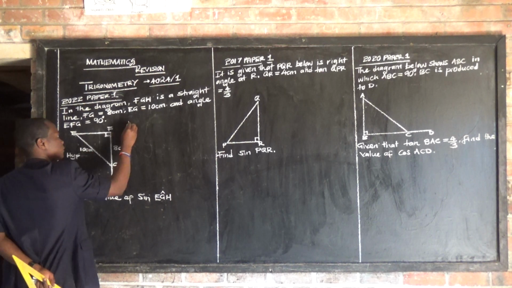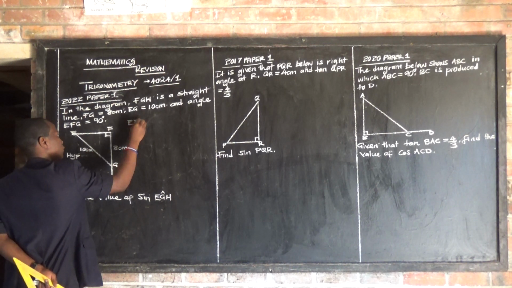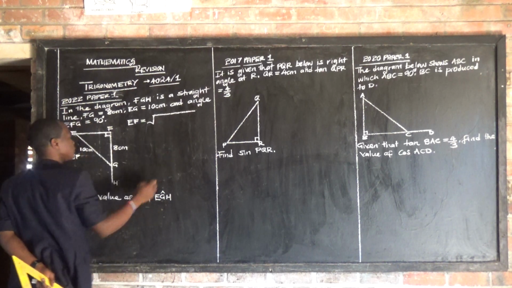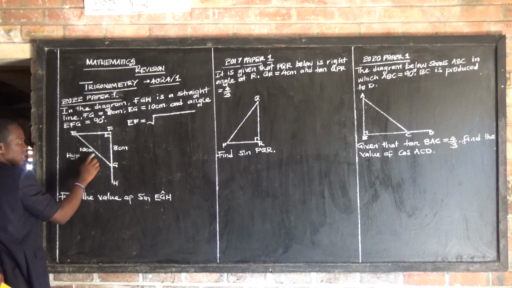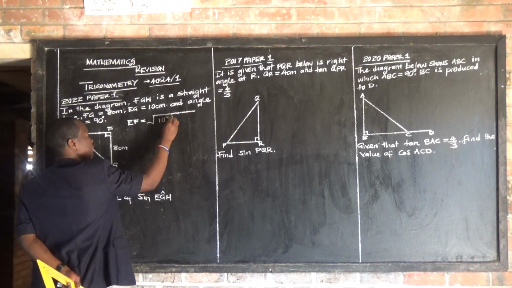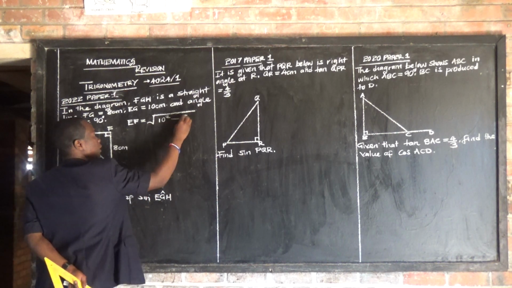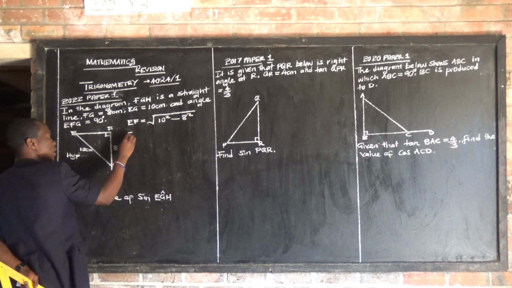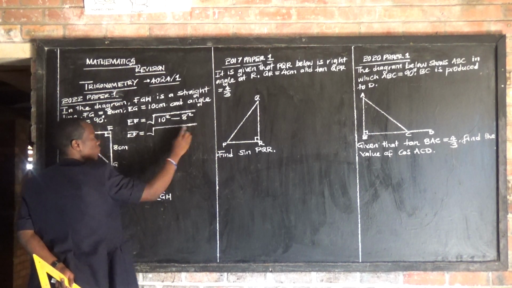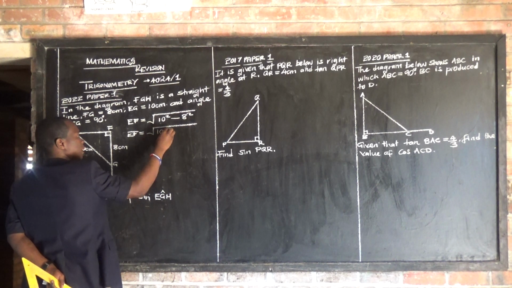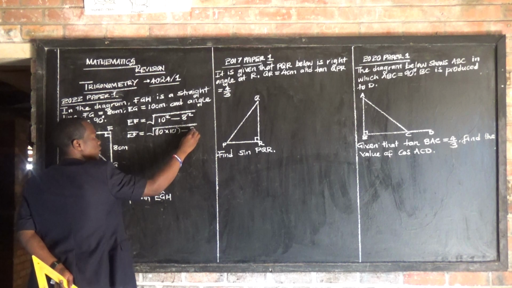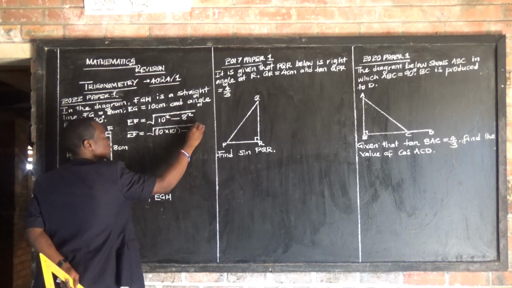So we say EF is equal to the square root of the hypotenuse, which is the longest side, squared, minus 8 squared. So EF is equal to the square root of 10 squared, which is 10 times 10, minus 8 squared, which is 8 times 8.